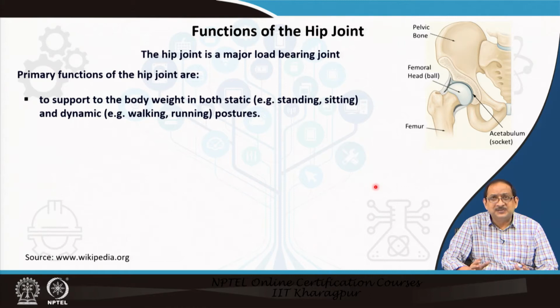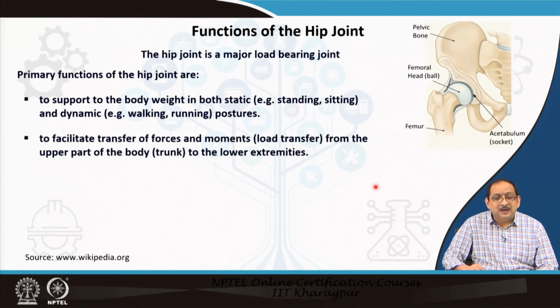Static, for example, standing and sitting, and dynamic, for example, walking and running. The other functions are to facilitate transfer of forces and moments. Basically, we call it load transfer from the upper part of the body to the lower extremities.